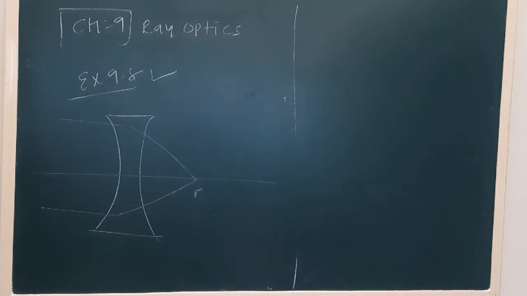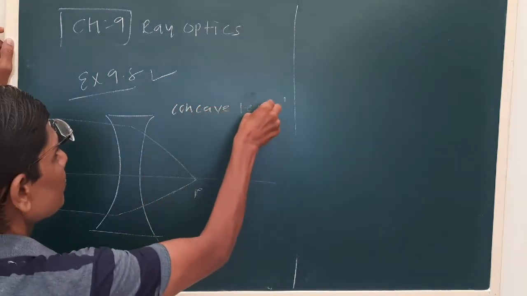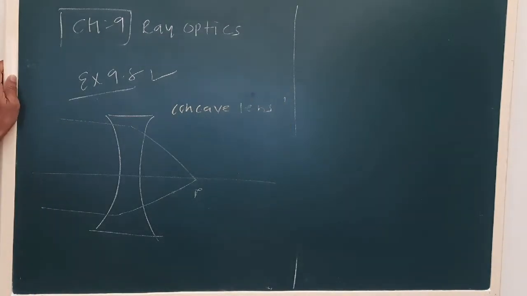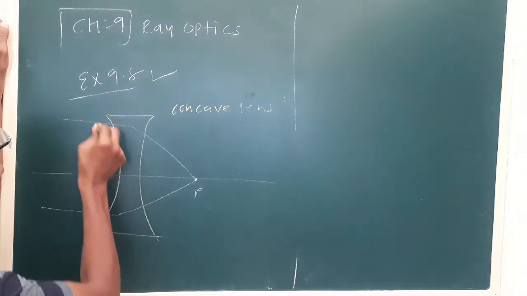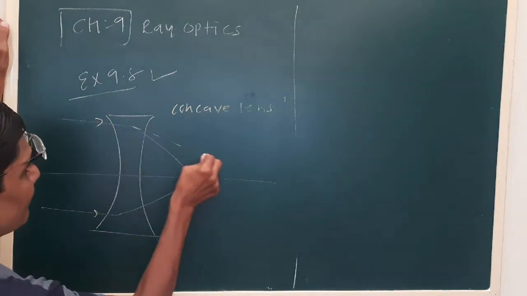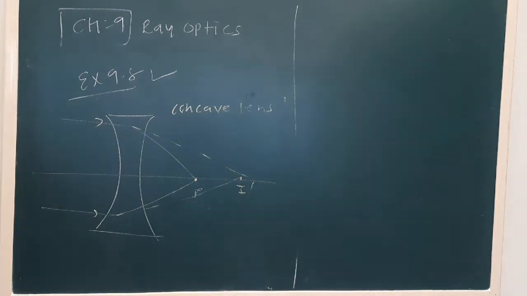But we know a concave lens is a diverging lens. It will separate the rays falling on it. So instead of meeting at P, the rays will be diverged. Let us say the image is formed at I dash.